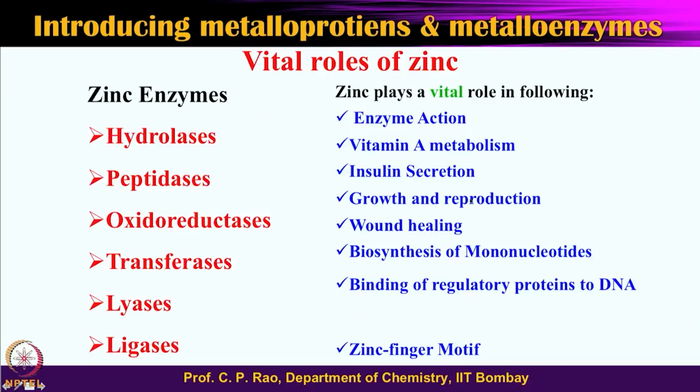Growth and reproduction, the zinc is very essential. We have seen in the early stage that zinc deficiency can bring problems of growth and reproduction. We have already seen that. So, therefore, minimum levels of zinc are always required, and zinc is one of the important nutrients in the body, in parallel with iron and copper.